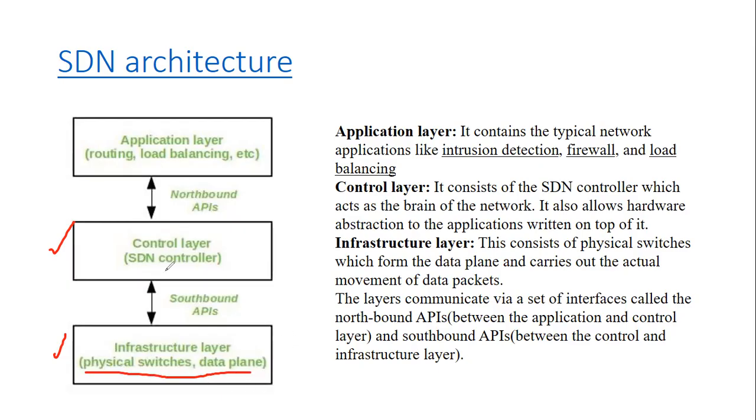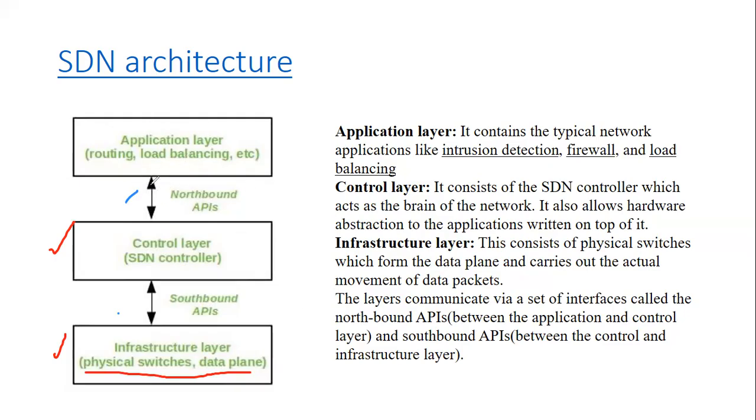This is the SDN controller, the main part of the SDN network, and this is the application layer, involved in different network applications, and these are connected with these APIs, northbound and southbound.